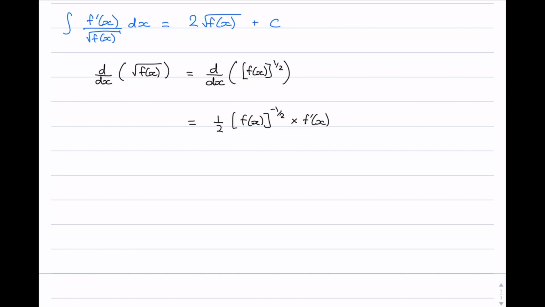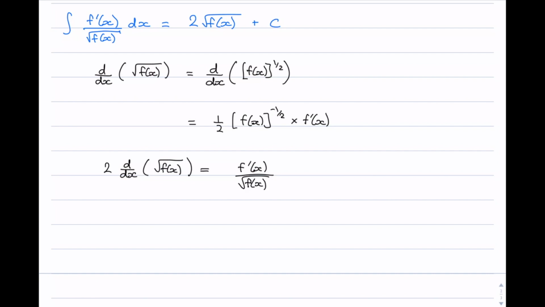Okay, now let's multiply both sides here by 2. So when we do that, we get 2 times the derivative of the square root of f of x, and that's going to be equal to, well, this negative power means it's going to move to the denominator, so we have f dash of x on top divided by the square root of f of x.